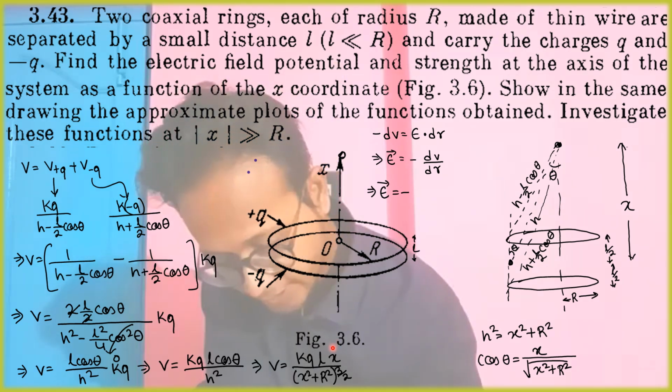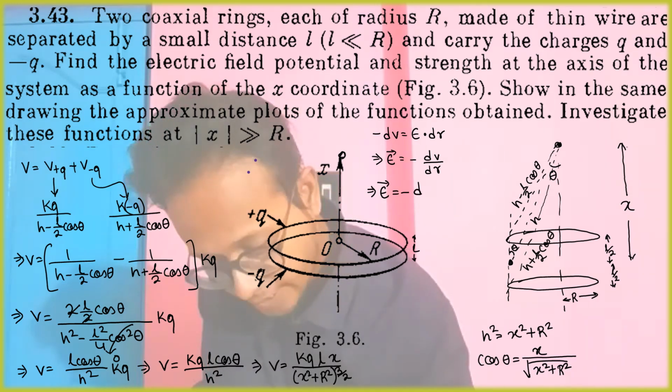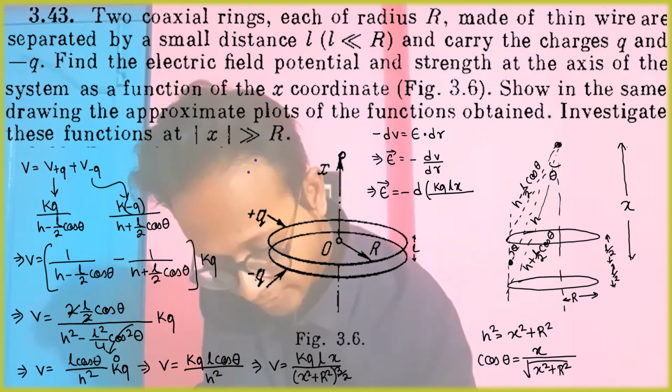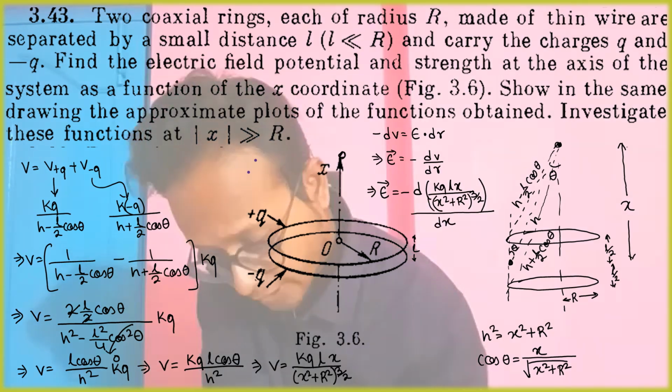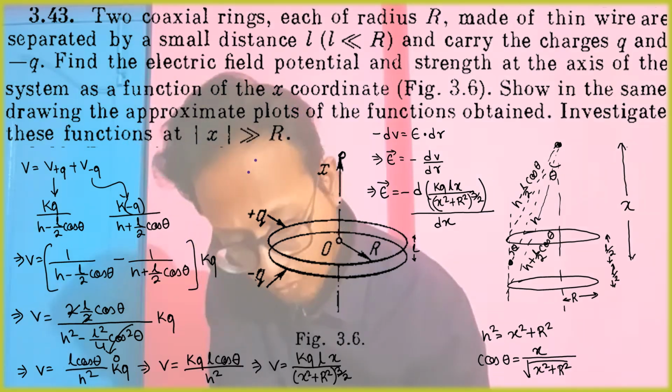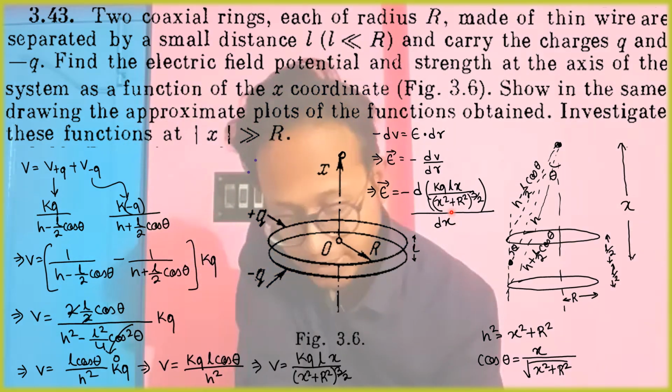So d of kqlx divided by x square plus r square to the power 3 by 2, divided by dx.